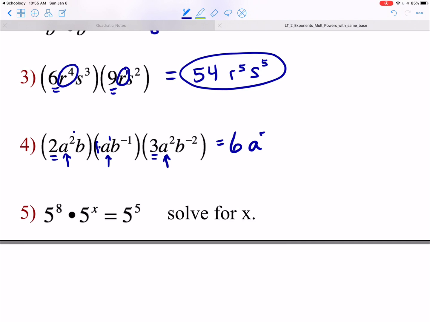A to the 5th. Then for my b's, I've got b to the first, b to the negative 1, b to the negative 2. 1 plus negative 1 plus negative 2 is negative 2. Now before I circle that, I see that I have a negative exponent. That tells me that the b to the negative second needs to go to the denominator. So I get 6a to the 5th over b squared.